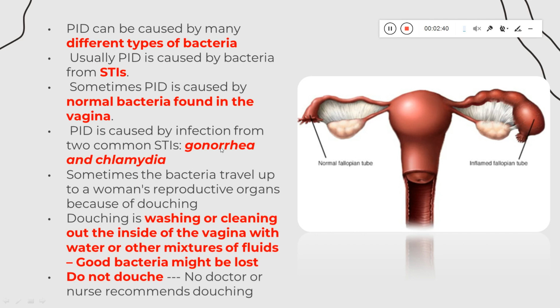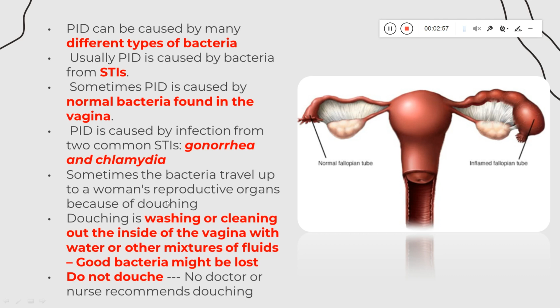This is usually transmitted because of sexually transmitted disease, as I told you. And one more reason for this can be douching. So what exactly is douching? Usually we do cleaning of the vaginal area, but douching is a situation where you try to wash it too much.